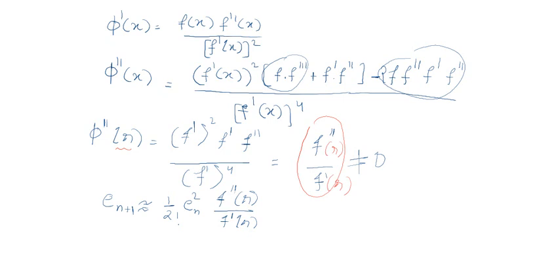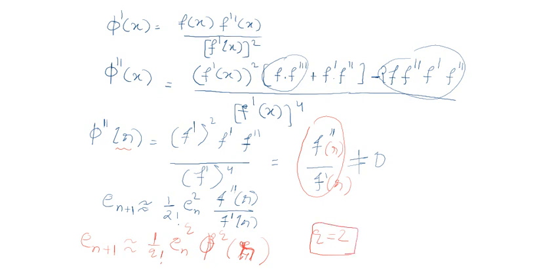By using the fixed point error analysis, we know that e_{n+1} is approximately 1 by q factorial times e_n to the power q times the qth derivative of phi at z, which is approximately R for large enough n, because x is approximately R. Here the value of q is 2, because phi double dash of R is non-zero.